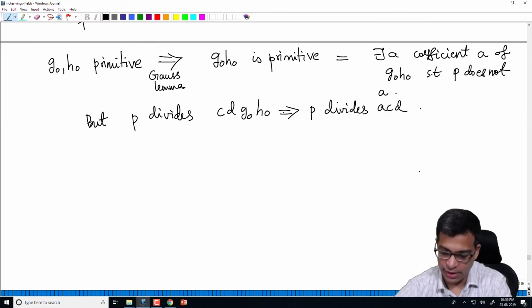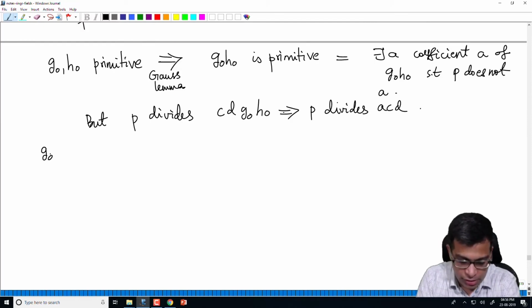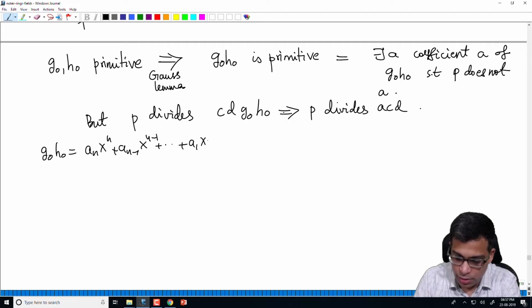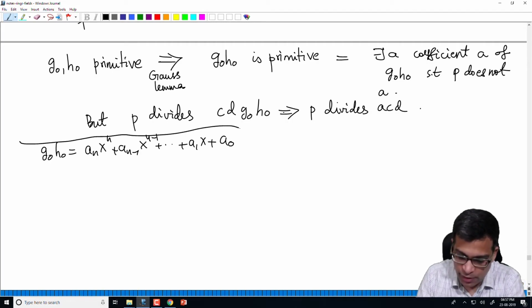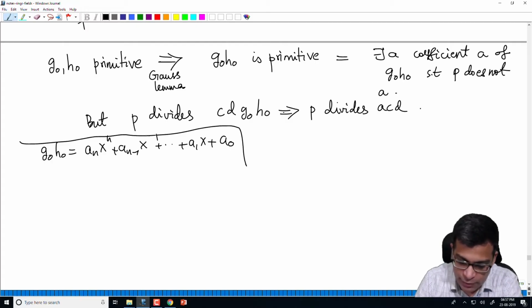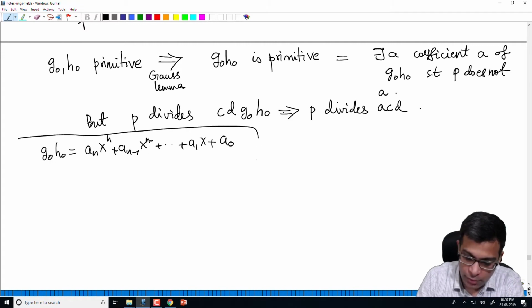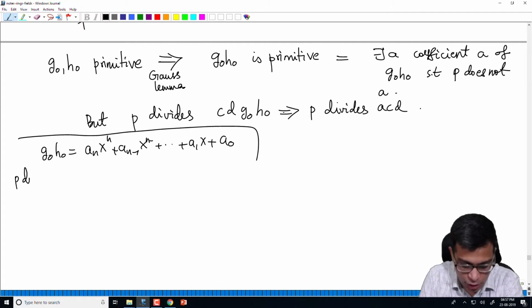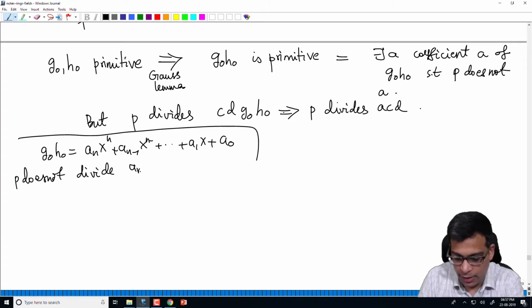So what am I really saying? This is very easy. g0 h0 is something times x^n, a_(n-1) x^(n-1) and so on, a1 x, a0. One of these coefficients is not divisible by p. So let's say for simplicity that p does not divide a_(n-1).